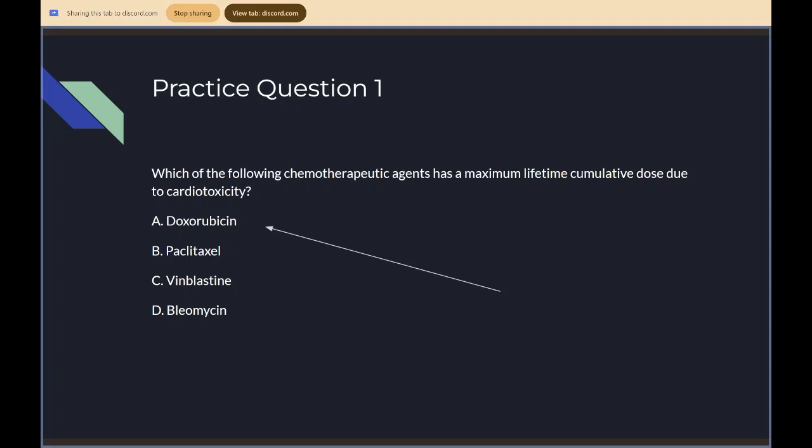The lifetime dose limit of 550 mg per meter squared is the limit, and I think 450 is where we try to keep it. So 450 mgs per meter squared, and 550 is the lifetime dose limit. If you answered A, good job.